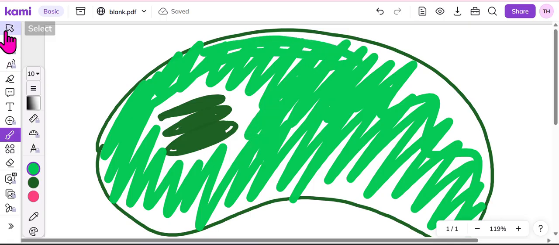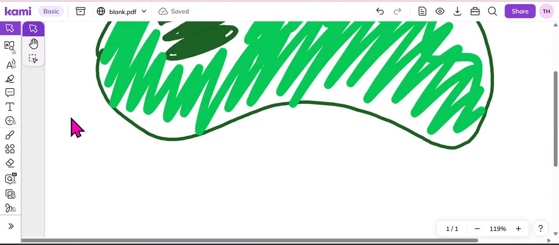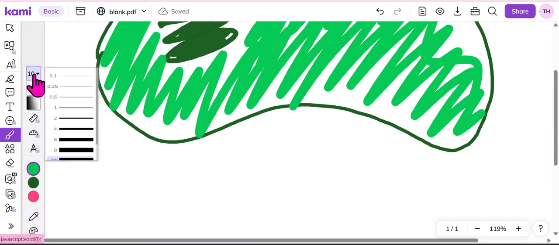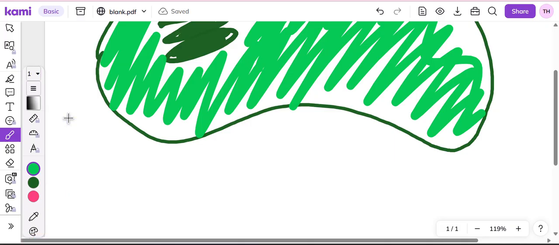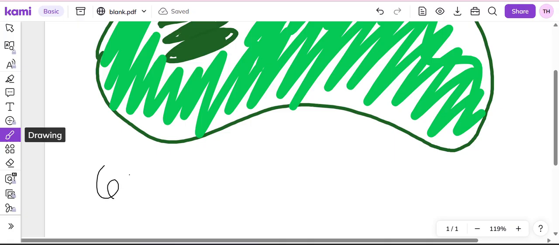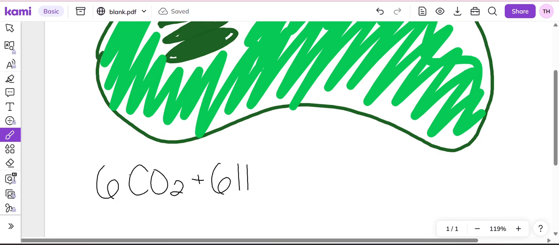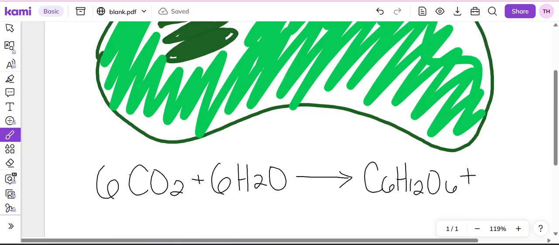Okay. And then right down here, we are also going to write our chemical formula for photosynthesis. So we're going to take 6 CO2 molecules plus 6 H2O molecules, which will give us 1 molecule of glucose plus 6 molecules of oxygen gas.